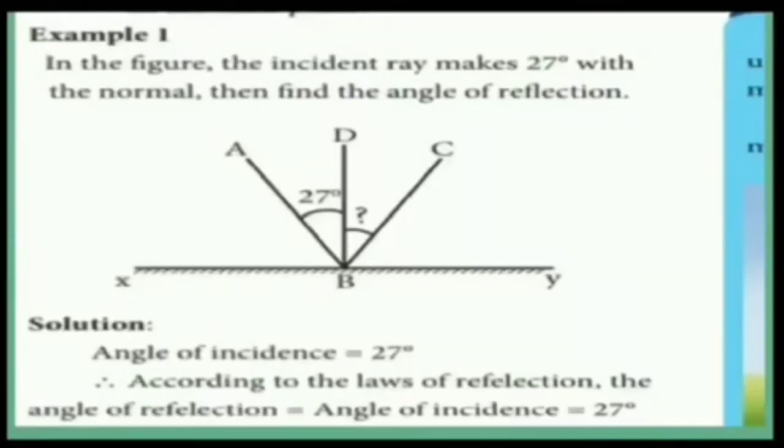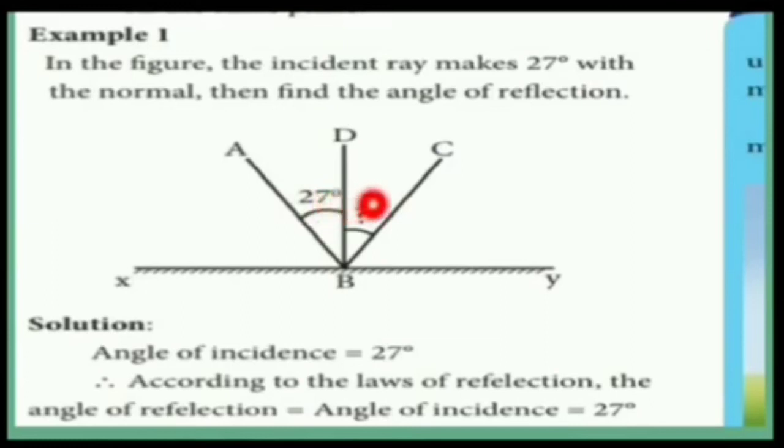Next we see about example sums. First sum: in the figure the incident ray makes 27 degrees with the normal. Then find the angle of reflection. This is the incident ray, this is the reflected ray, and this is the normal. So the angle of incidence I is 27 degrees.